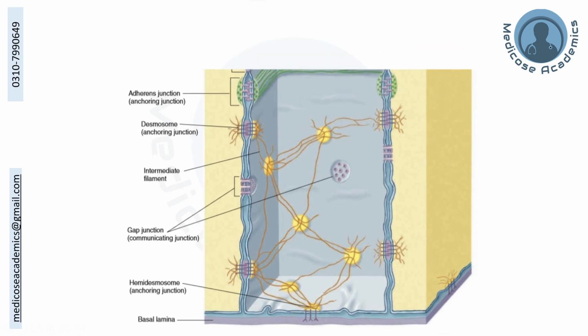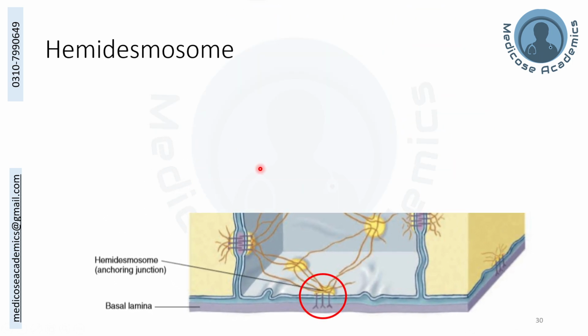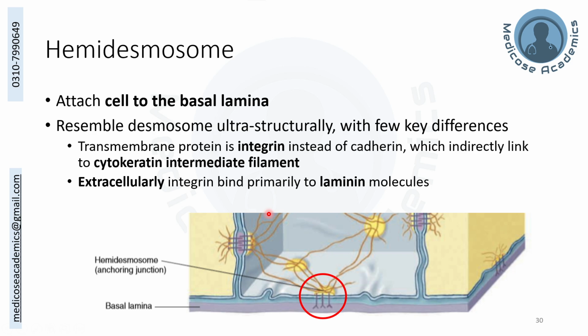The next one on our list is the hemidesmosome. These are anchoring junctions, and they attach the basal aspect of the cell membrane to the basal lamina or basement membrane. It is very much like the desmosome ultrastructurally, but there are a few differences.